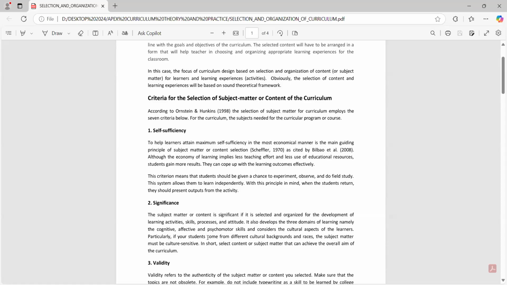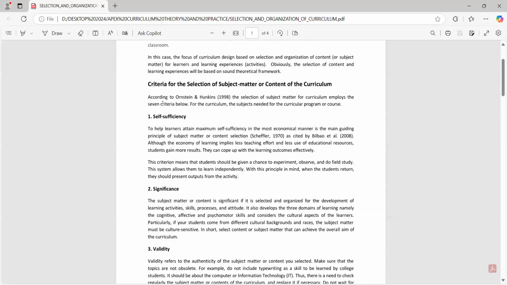You have to use that kind of content. Otherwise, it is a difficulty for the students, and it is very difficult to implement as well. Okay, that is number one.